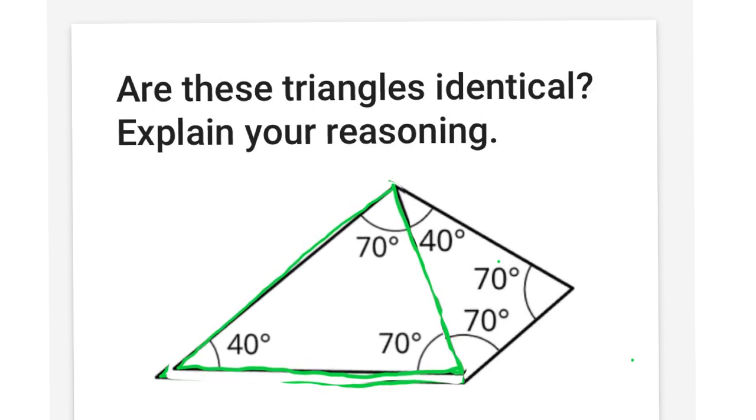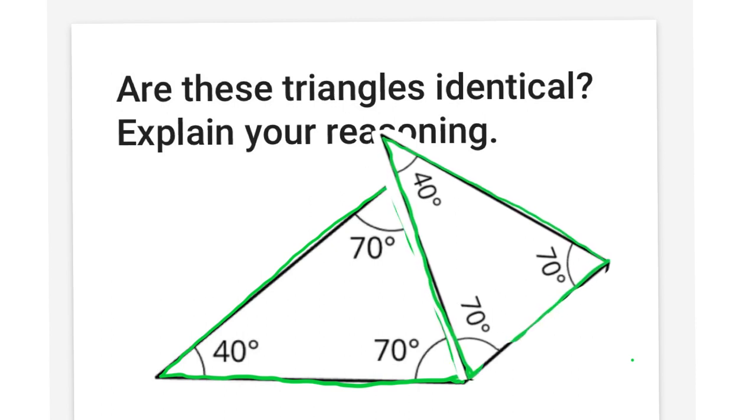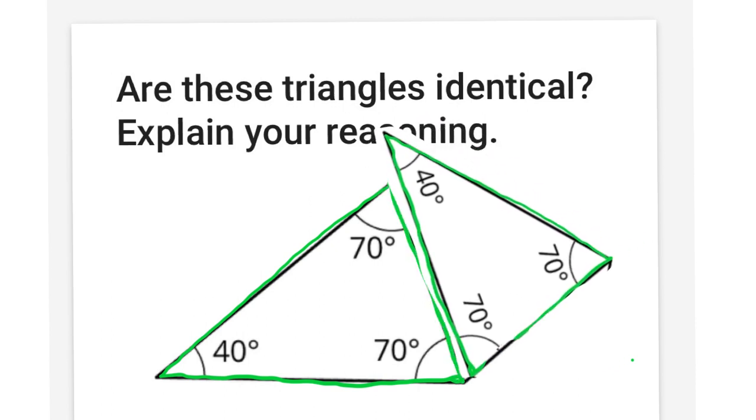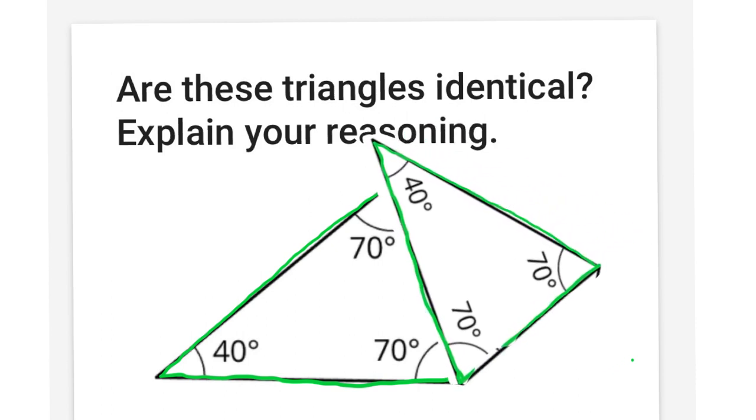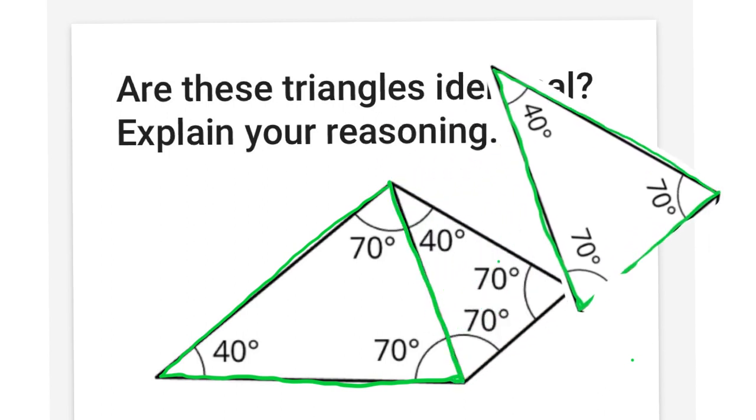It's hard to turn it without changing the size of it. There we go, we lay it right on top. Are they identical? Is it exactly the same one over the other? And the answer is no. The pink one ended up being smaller than the green one. So because of that, they are not identical.